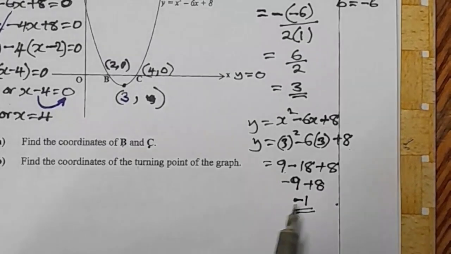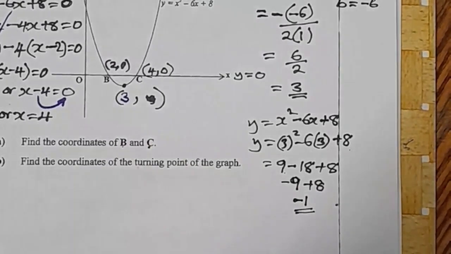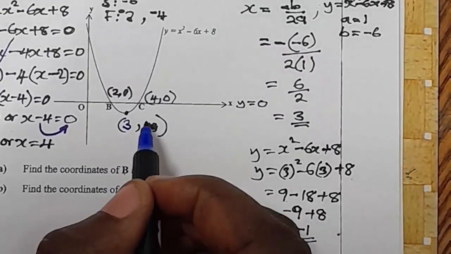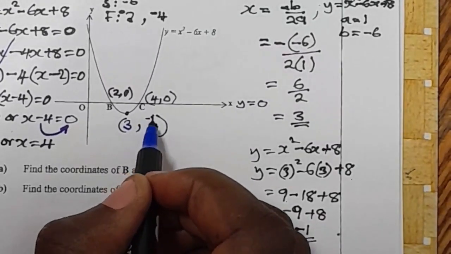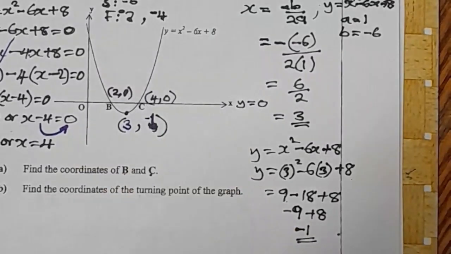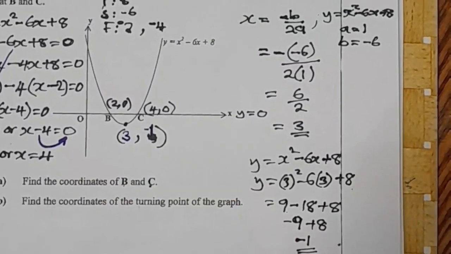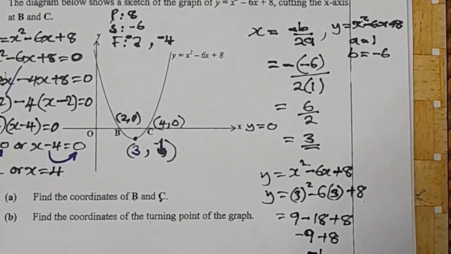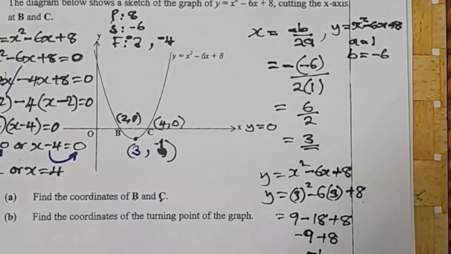Okay, so meaning that the y value here is negative 1. So you have found the coordinates of the turning point here.